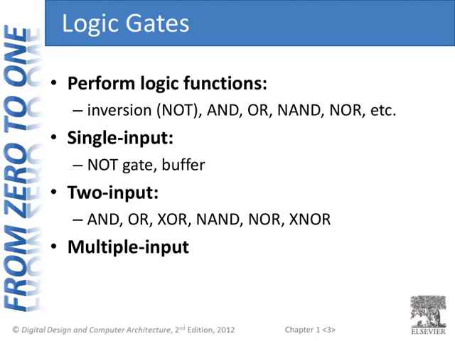The two single input gates are NOT gates and buffers. We also have two input gates, which are AND, OR, XOR, NAND, NOR, and XNOR. And each of these two input gates can also be expanded into multiple input gates. So let's talk about each of these, starting with these single input gates.